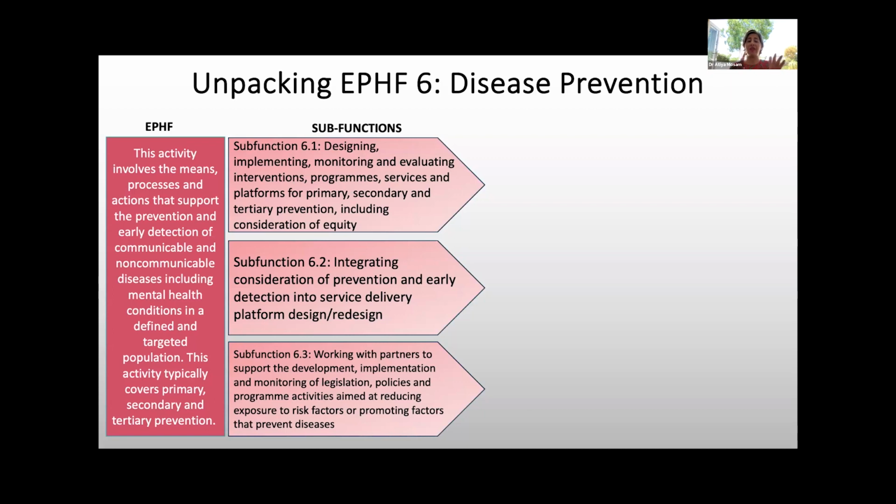Now, this EPHF, as I've said, has been unpacked into its subfunctions. It has 3 subfunctions. 6.1 is related to designing and implementing M&E for interventions, programs, and services for primary, secondary, and tertiary prevention.